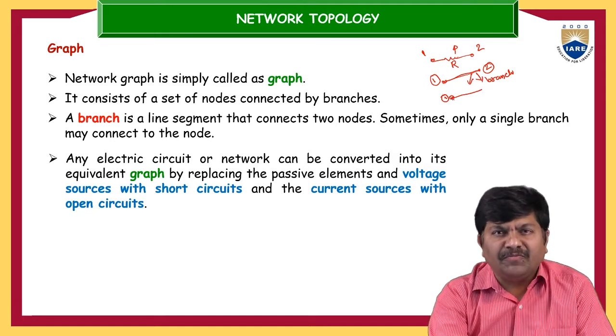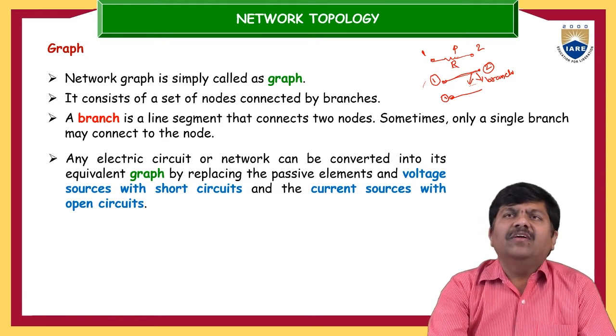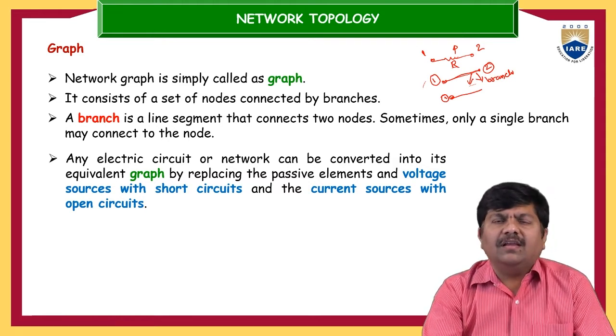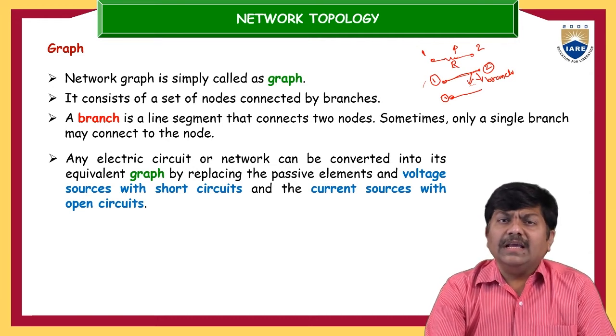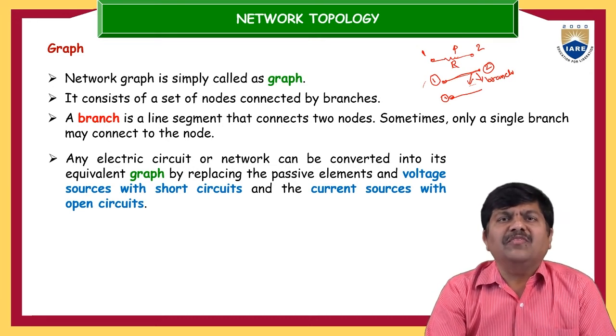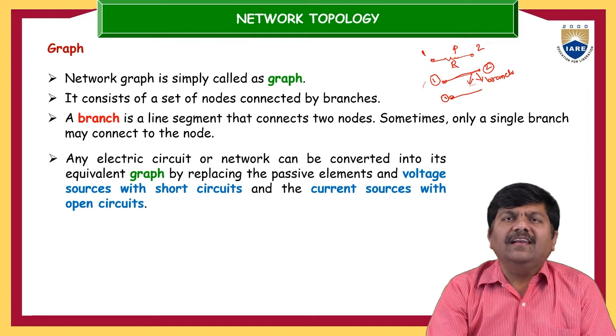Irrespective of what the physical element is between node 1 and node 2, it can be represented by a solid continuous line, which is the branch. This portion is a section of network topology, or a section of the graph. Like this, we are going to develop network topology, especially graphs, of electrical circuits.